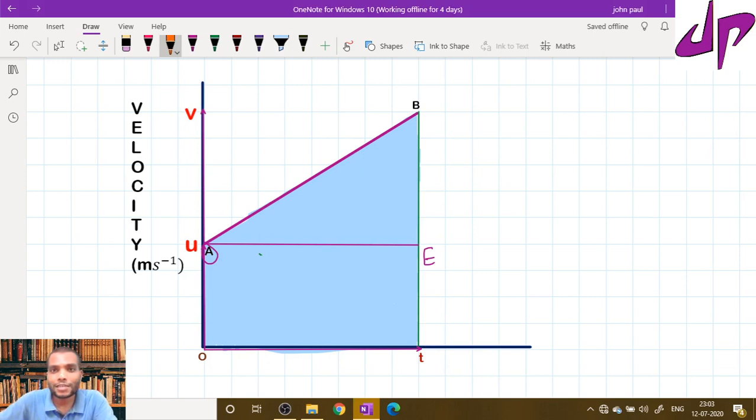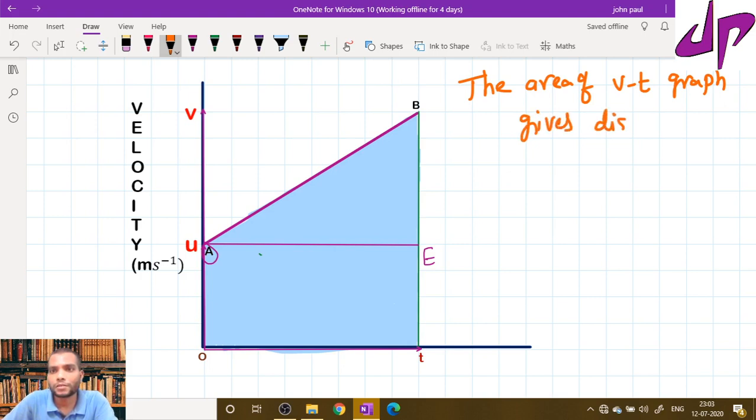So if I write the statement here, the area of the velocity time graph gives displacement. So this shaded region is the area.